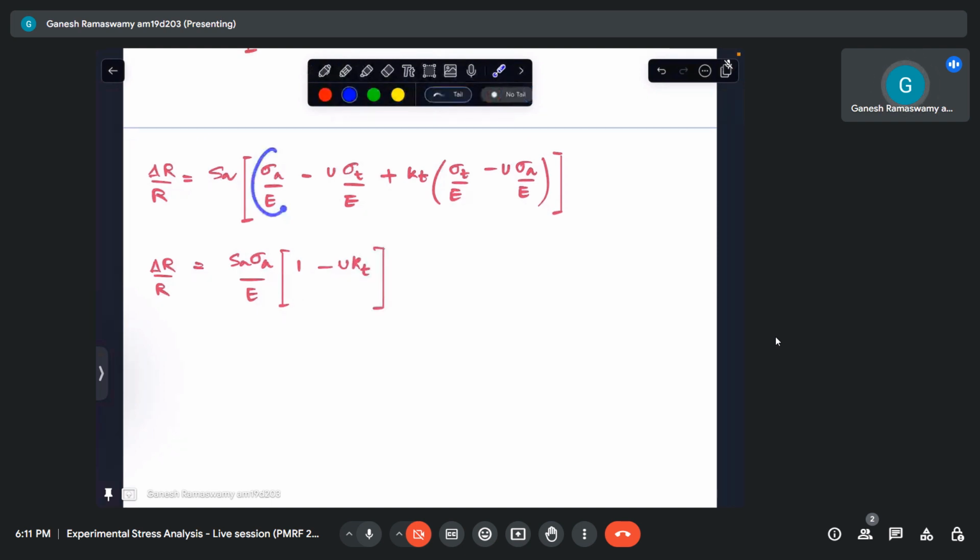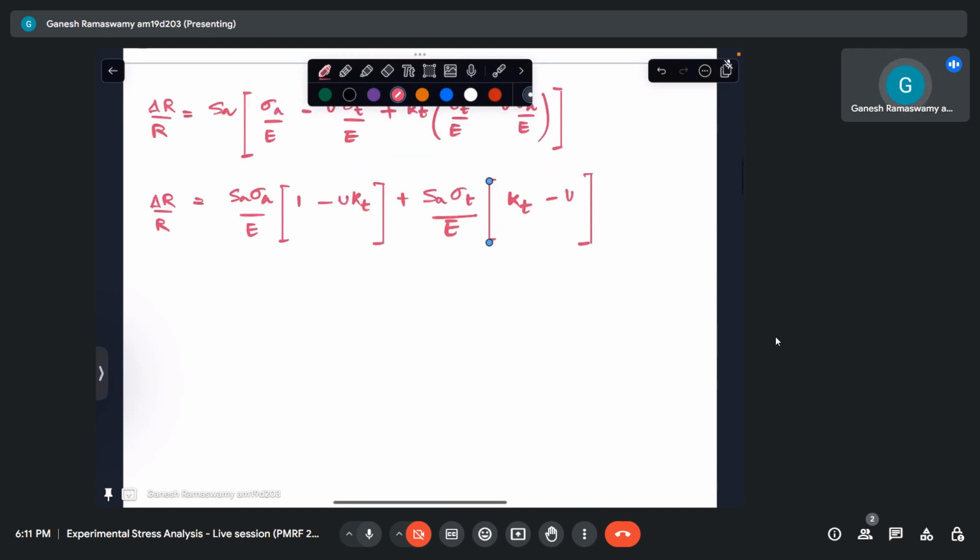Basically, I have accounted for these two in this expression. And then I get plus SA sigma T by E into KT minus mu. So we get this expression directly.